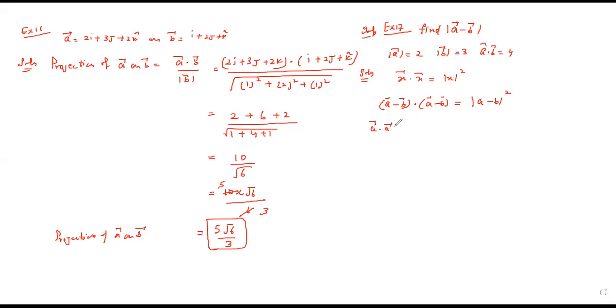A dot A minus A dot B minus B dot A plus B dot B. Now A dot A is magnitude of A square, with the relation x dot x is equal to magnitude of x square, minus A dot B. A dot B minus B dot A can be written as A dot B because the dot product is commutative.